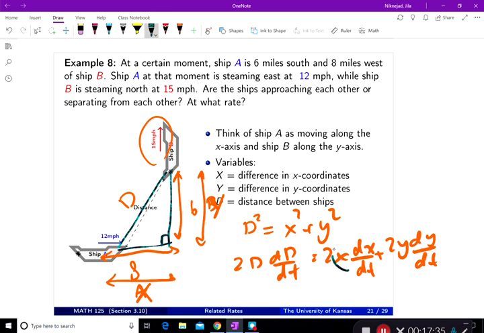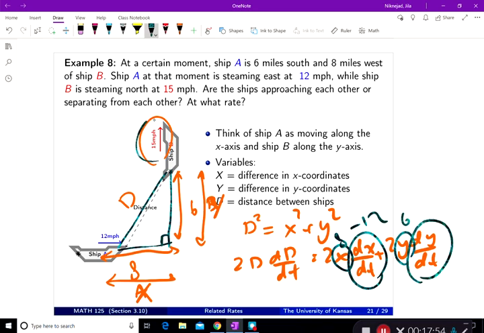At that instant, x is equal to 8, and dx/dt is equal to negative 12, because x is decreasing. y is equal to 6, and dy/dt is equal to 15, and it's increasing, so it's a positive value. And then I don't know d, and I want to know dd/dt. And d is an easy computation by the Pythagorean theorem, and I can see easily this is equal to 10.